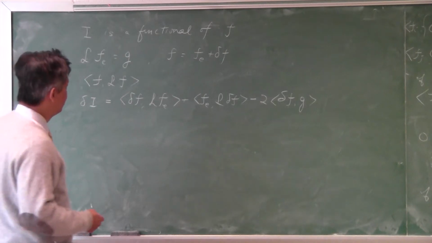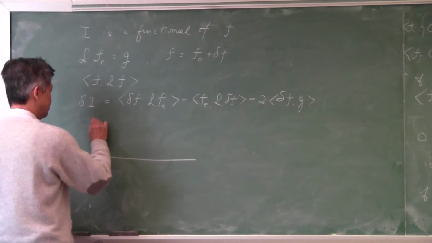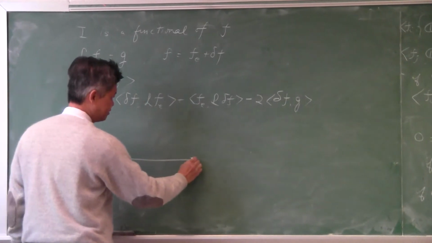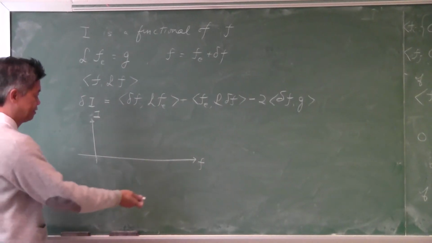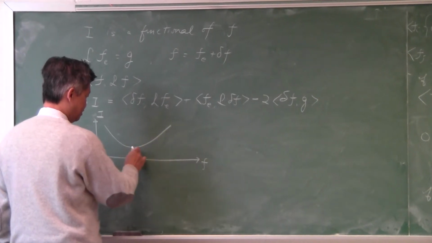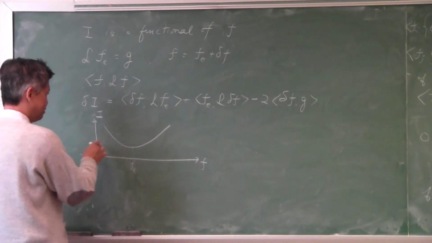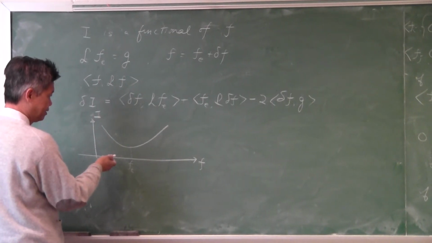If this is a variational expression, what it means is that if I plot this functional I as a function of f, this is a cartoon picture, because f is a vector, I cannot actually draw it. But what it means is that there is an f exact value that will make this I minimum or stationary about that point.